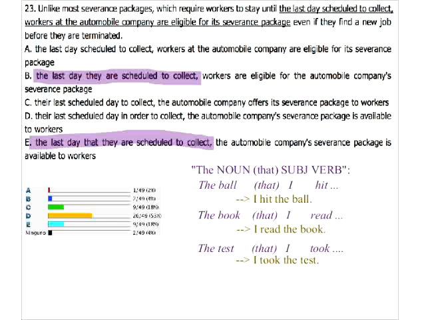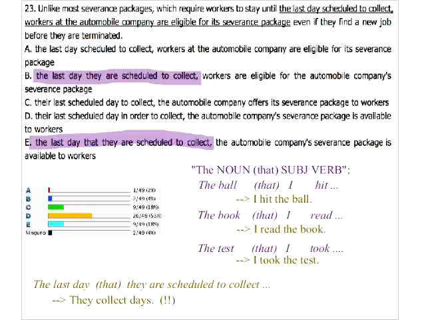So what that means by extension is if you say the last day that they are scheduled to collect, what that means is that they collect days. So that doesn't make any sense, right? The last day that they collect means they have to collect that day.